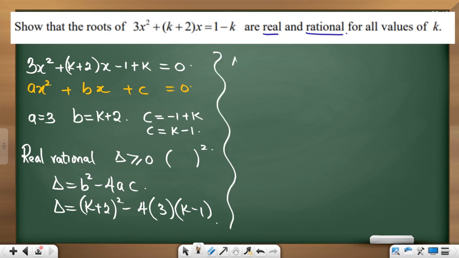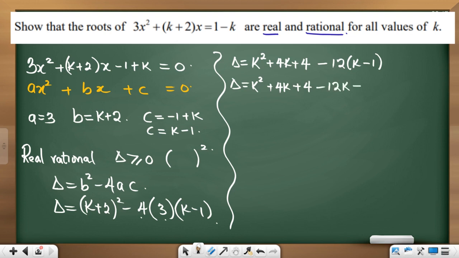Let's simplify that. We expand that. By now you should know how to expand. k squared plus 4k plus 4, minus 12 into bracket k minus 1. Just to make it easy, I could have jumped that step, but we don't want to make things complex. k squared plus 4k plus 4, what are we going to have? Minus 12k plus 12.